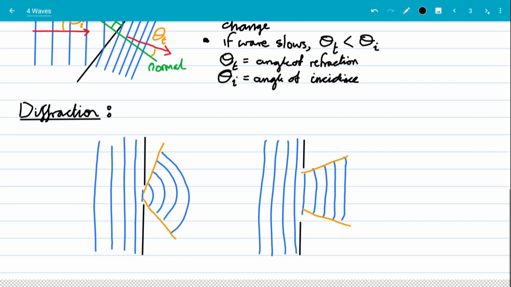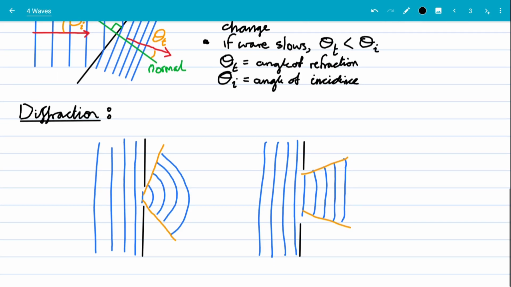So maybe I should label this with small, this is the bottom of the page, so small gap: big spread. Oh, it's awful notes. Large diffraction angle would be better. And this one here is going to be big gap.